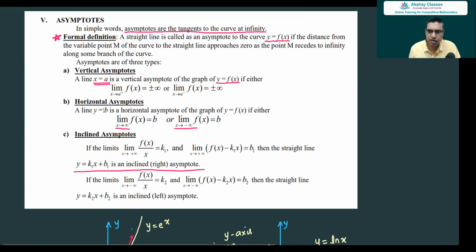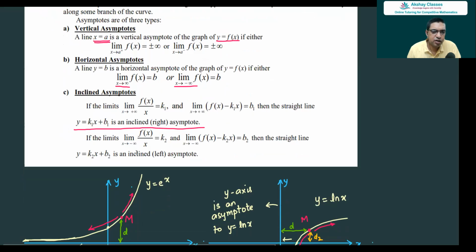Like for the tan x graph, which is a well-known graph for us, at x equal to pi by 2, 3 pi by 2, minus pi by 2, these are all vertical asymptotes. For horizontal asymptotes, as x goes to infinity, the function value should approach a constant b, whether x approaches either plus infinity or minus infinity, then that is the horizontal asymptote.